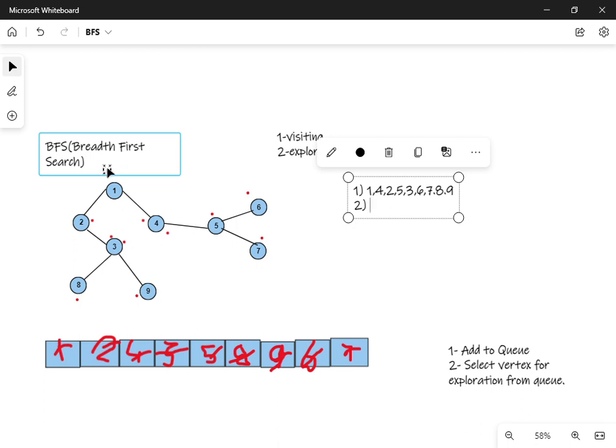I can choose any vertex of this tree as our first vertex in BFS. Let me start. I can choose 1 also. Again, I am choosing 1.